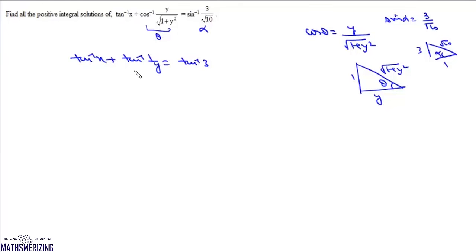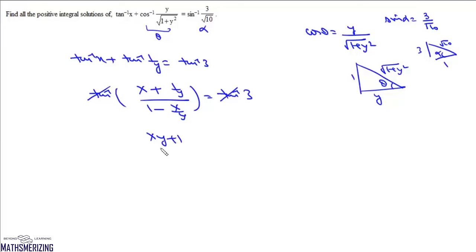Now we'll use the formula for tan inverse x plus tan inverse y. Then we'll get tan inverse of x plus 1 upon y upon 1 minus x upon y, and this value will be equal to tan inverse 3. Now we'll cancel tan inverse with tan inverse. We'll get xy plus 1 upon y minus x, and it is equal to 3.